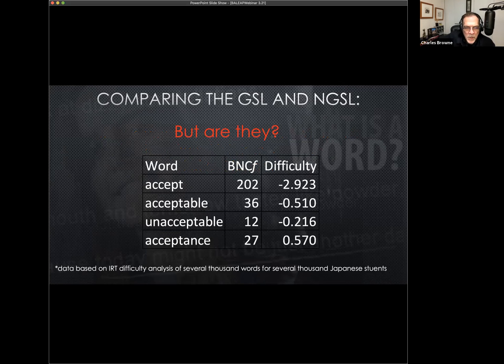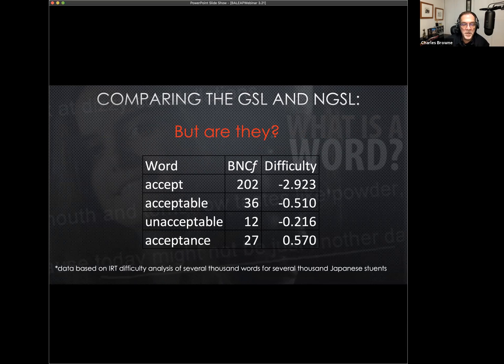One of my colleagues, Dr. Culligan, he and I did most of these word lists together, but he's an expert in item response theory, IRT, and he collected difficulty data for thousands of Japanese students for thousands of high frequency words. And what he found is that students did not understand the other forms of a word automatically when they knew the head word.